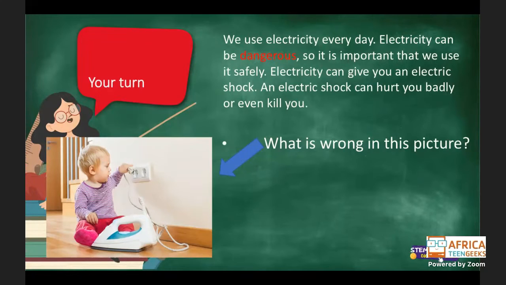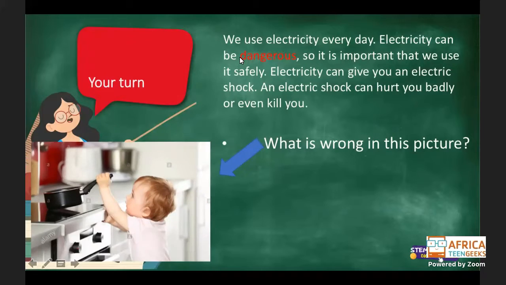A baby can burn herself and electrocute herself. Yes. Elijah, Samuel, Faith, Bonono, Rashile, yes.